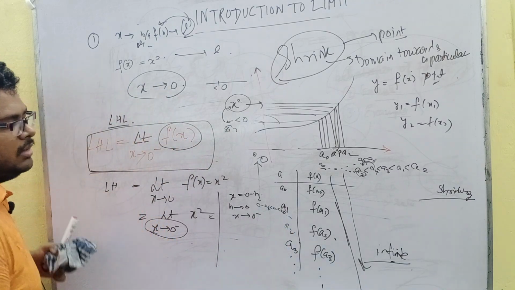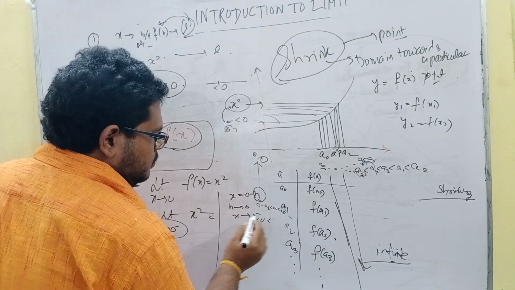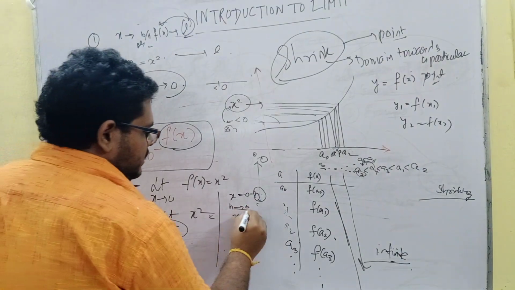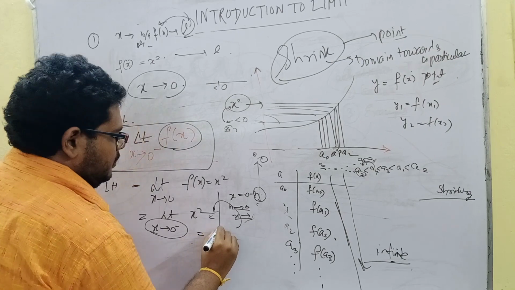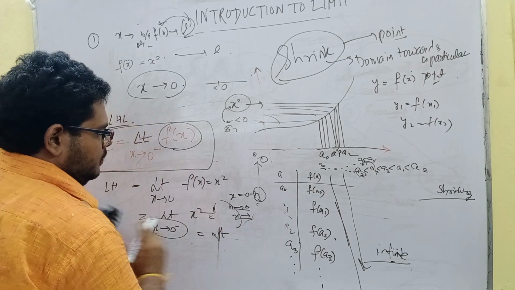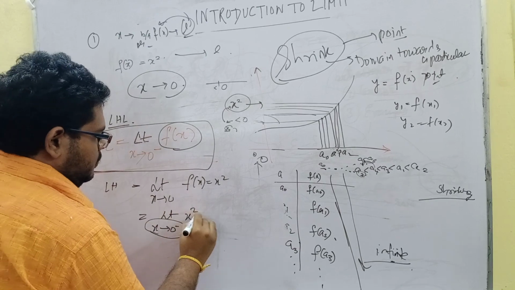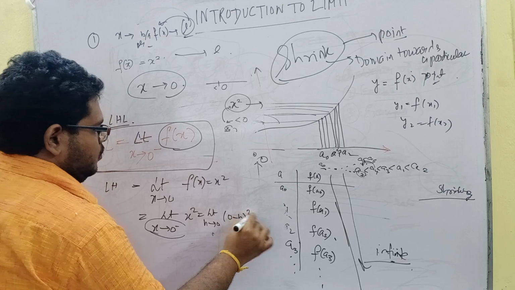This sequence is going. So we will obviously get a value which is less than 0. Which means that this condition is satisfied if we do this substitution. Obviously we will write limit h tends to 0, 0 minus h whole square.